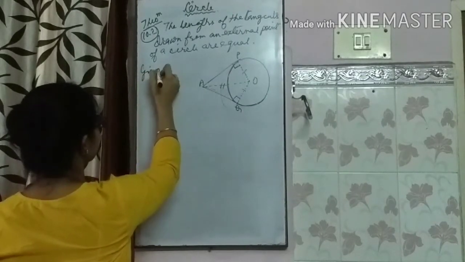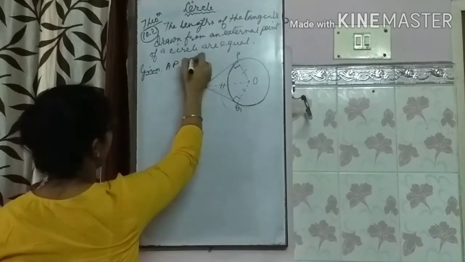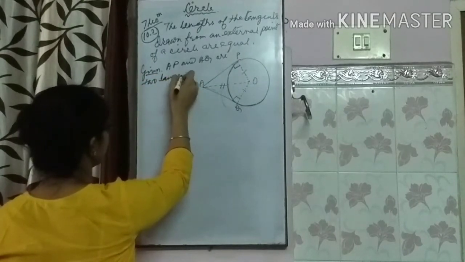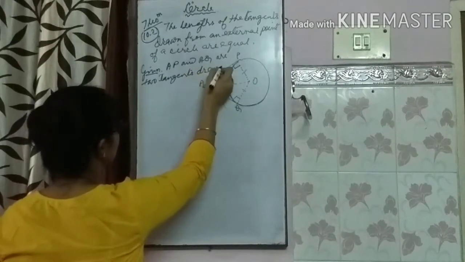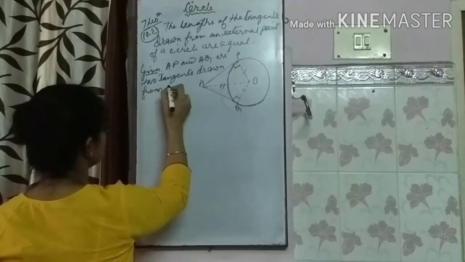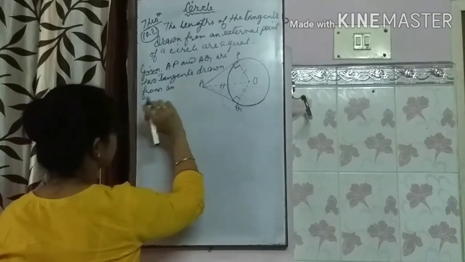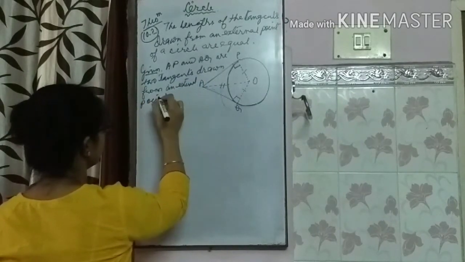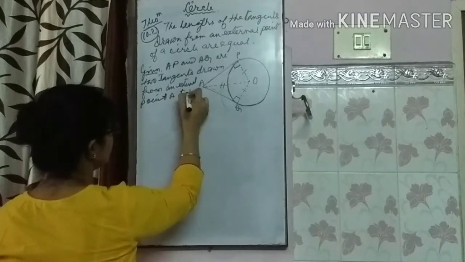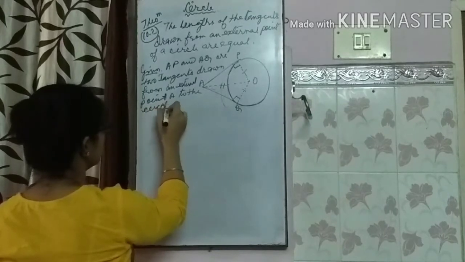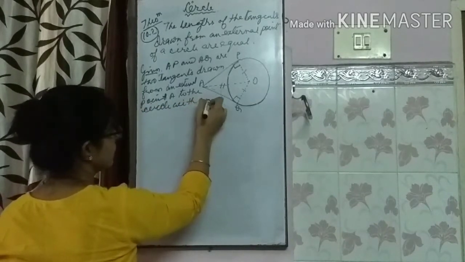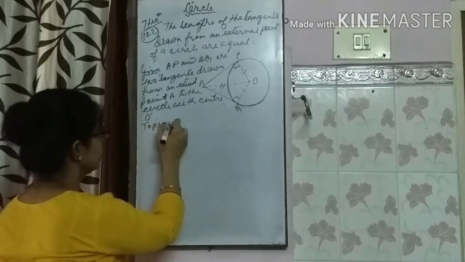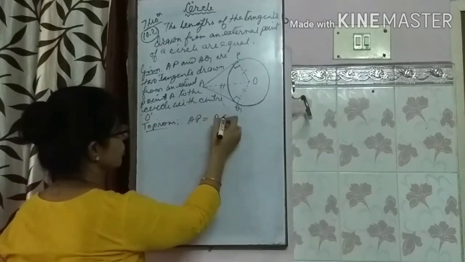Given: AP and AQ are two tangents drawn from an external point A to the circle with center O. To prove: AP is equal to AQ.